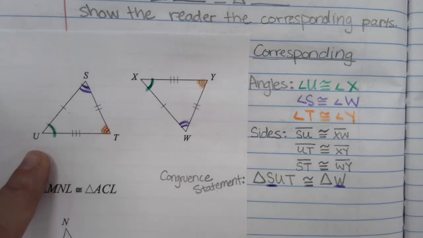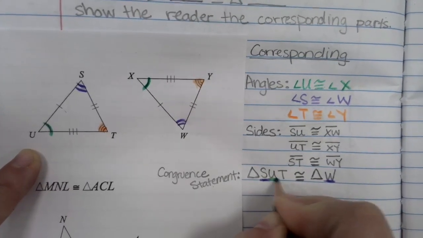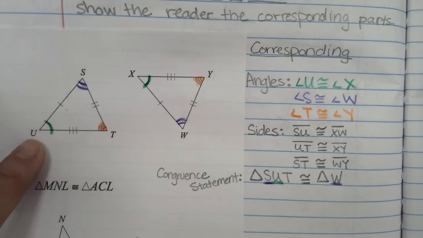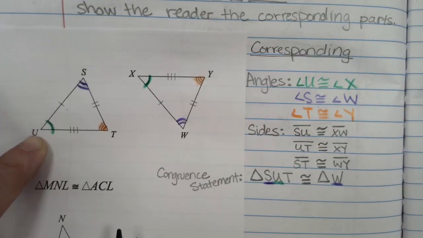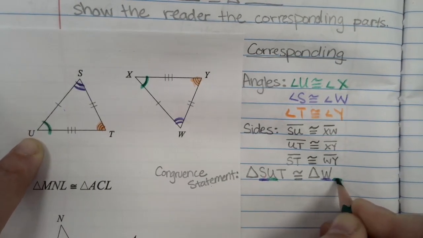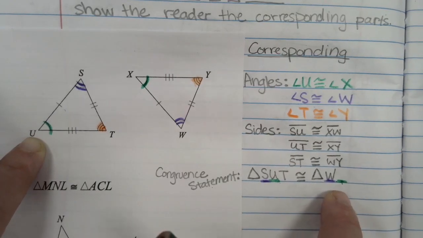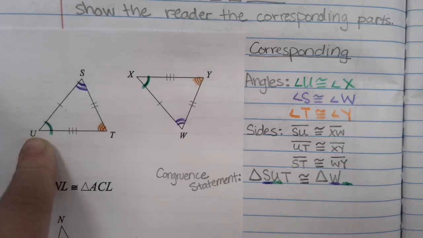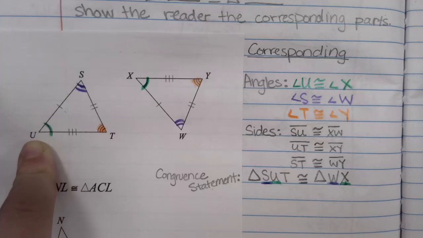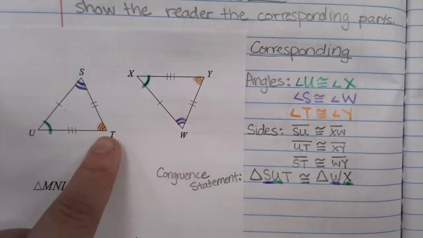Now I need U. U is my green angle here, so I'm going to color code it because coloring helps me. U is my green. It's the one with the 1 arc. So it has to go with the angle with the 1 arc here. So U matches with X. And then T is my orange.